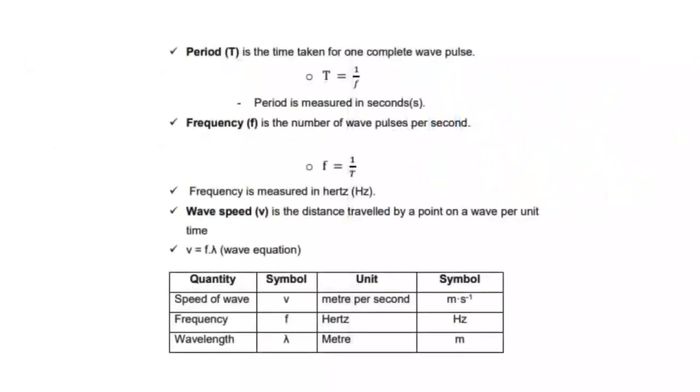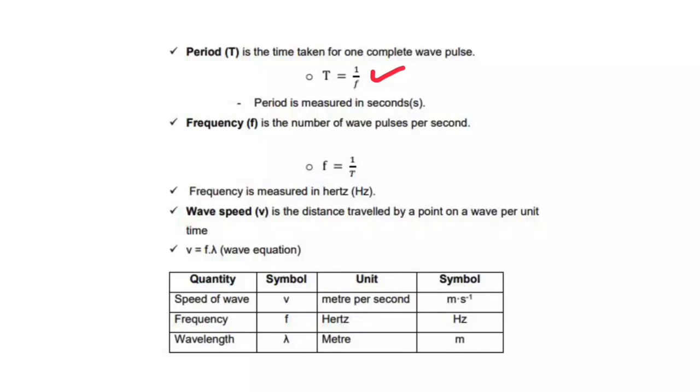Let's talk about the period, frequency, and the wave speed. So the period, by definition, is the time taken for one complete wave pulse. We use the symbol T to denote the period. It is equal to 1 divided by F, where F is the frequency. The SI unit for period is second.